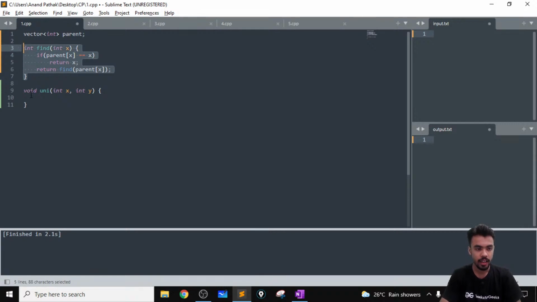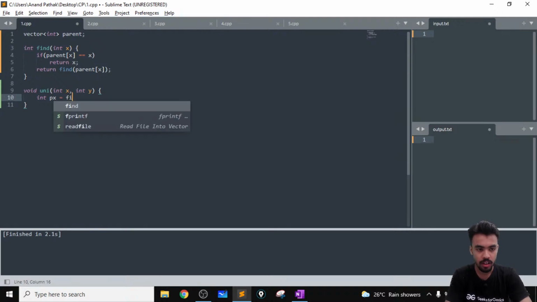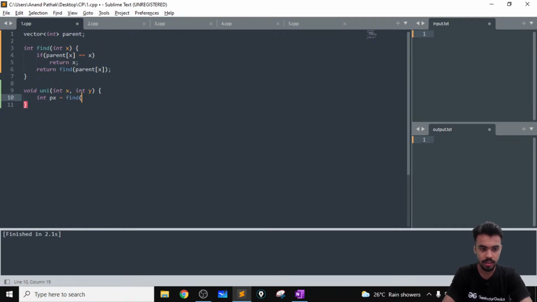Then we have to implement the union function. In the union function, as we have already discussed, first we have to find the parent of x. Say px denotes the parent of x, so we'll be finding it with the function which gives me the parent of x. Then we'll find the parent of y, py. Now, if px is not equal to py, why are we writing this?